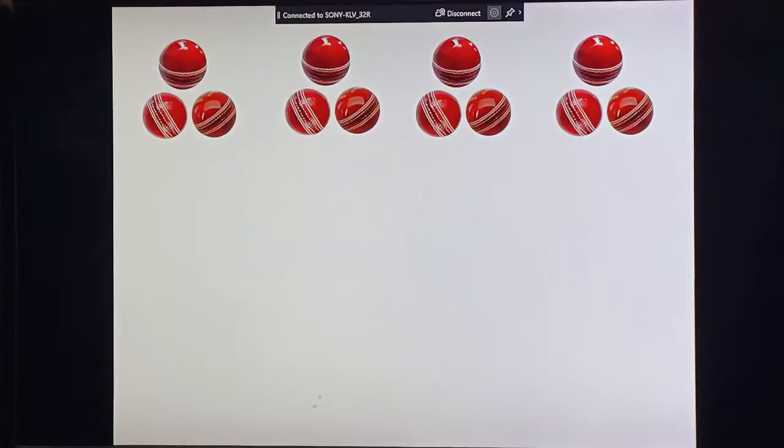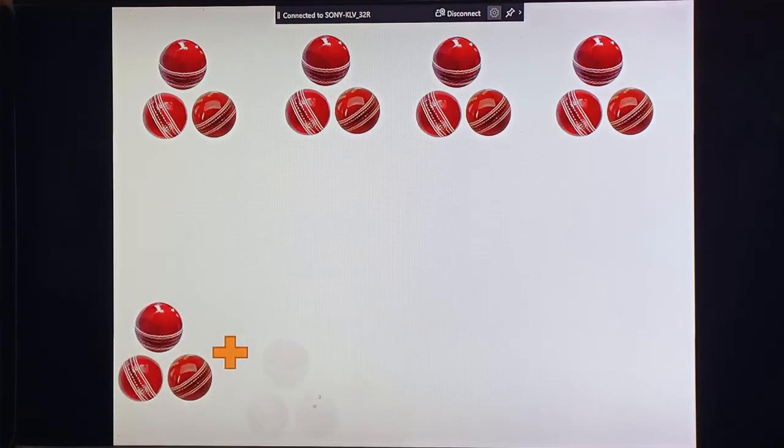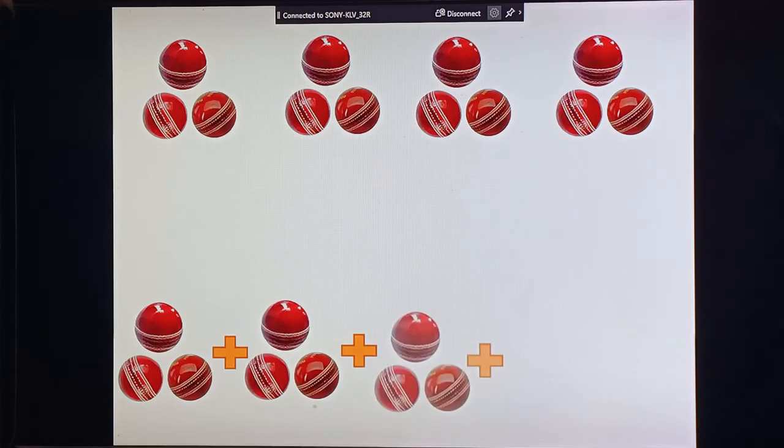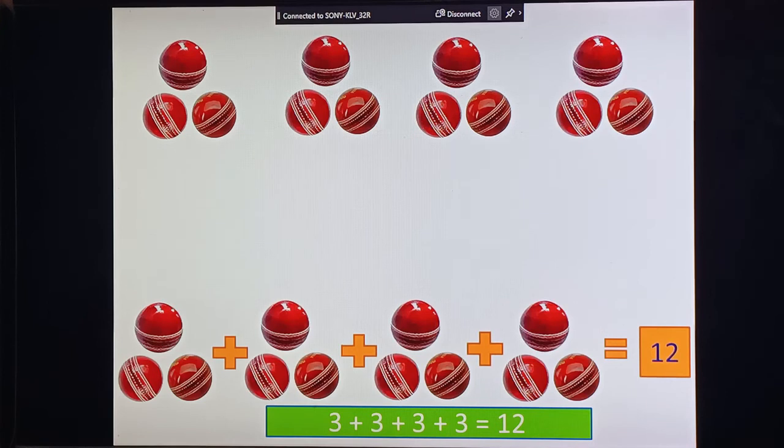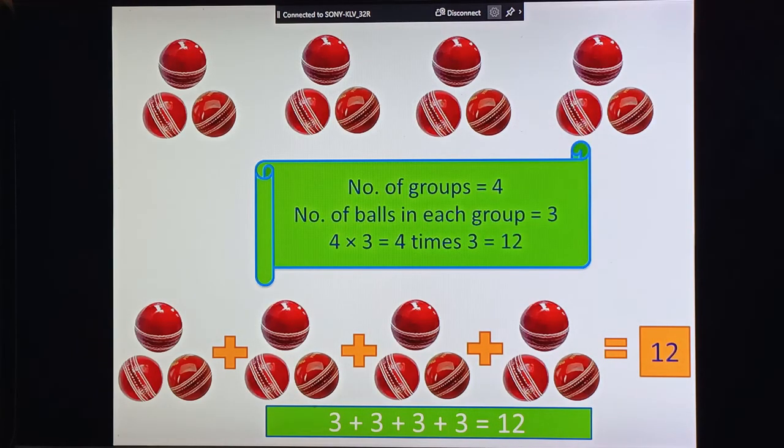Now moving on to our next example, you can see here some balls on the screen, and again we'll talk about the repeated addition of the balls. So 3 plus 3 plus 3 and one more 3 gives me the total number of balls equals to 12. Now one more concept I am going to introduce here children.